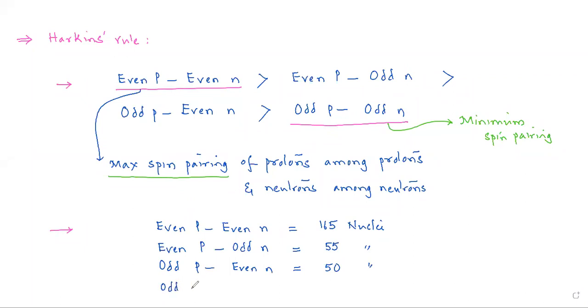And finally, the least stable one, odd protons, odd neutrons, just about 4 or 5. This is about Harkins.